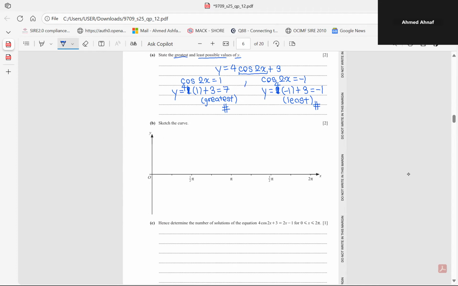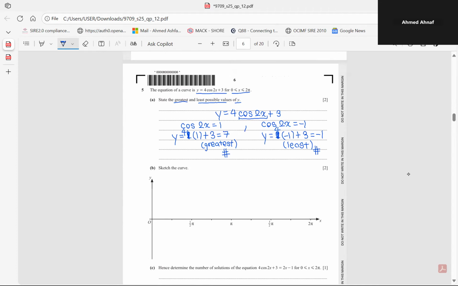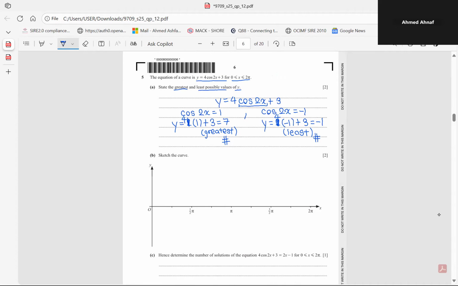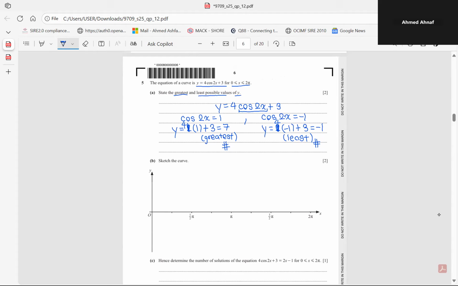So in this part, we just have to sketch the curve that we're given here. All right. So first of all, we have to know how a cosine function looks like. So in case you don't know, our cosine function from 0 to 2 pi, like cosine x, looks something like this.